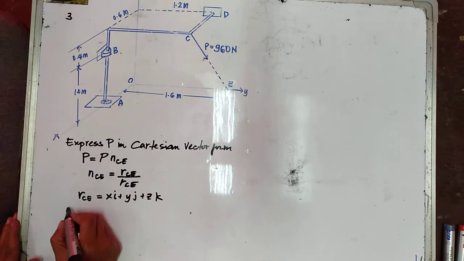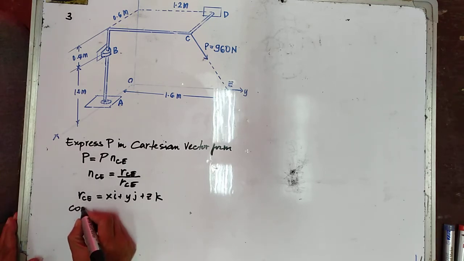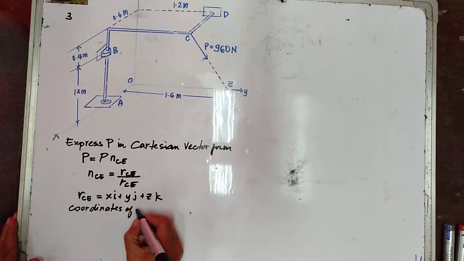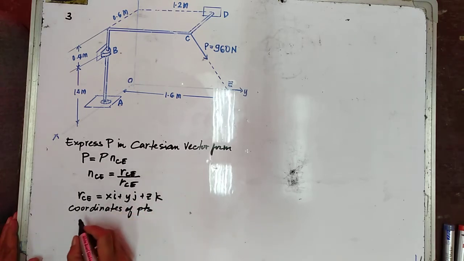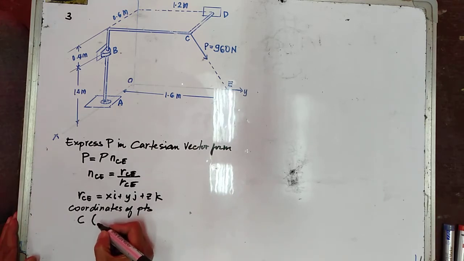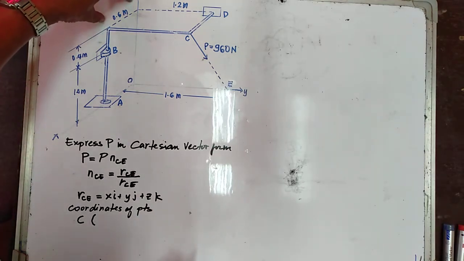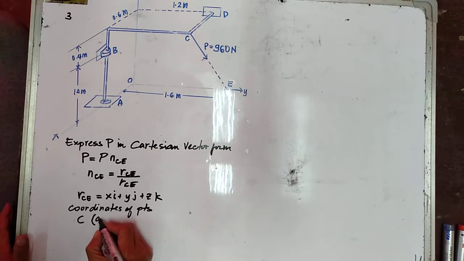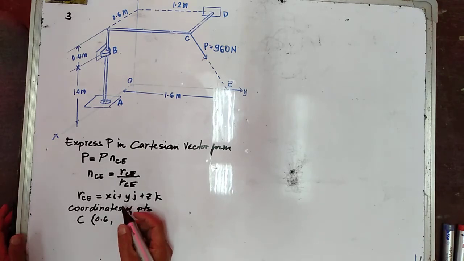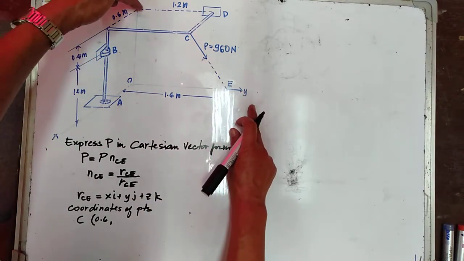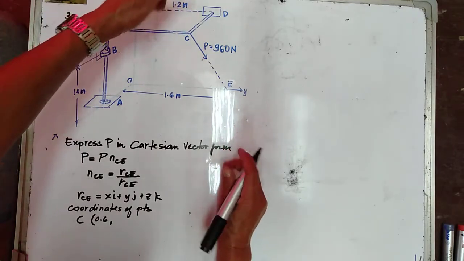Now, let us determine the coordinates of points. The coordinates of point C: this is the x-axis, so x is equal to 0.6 meter. And the y is 1.2 meters.